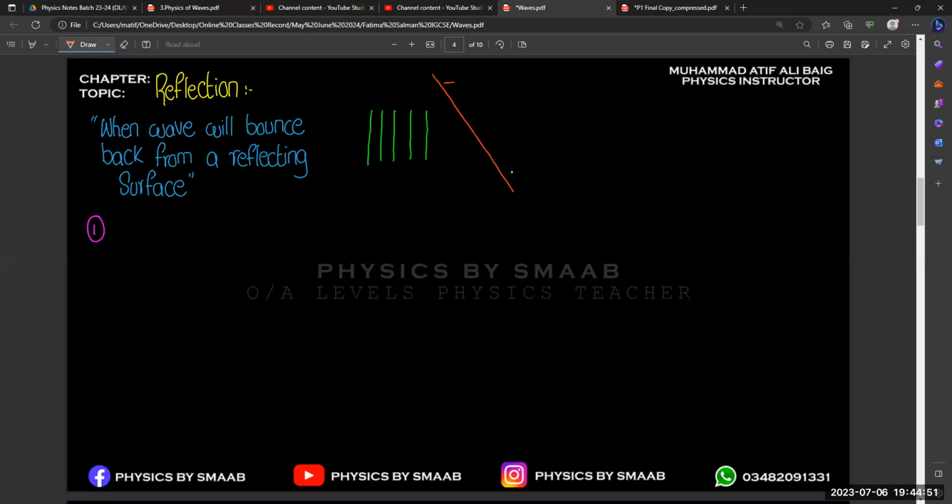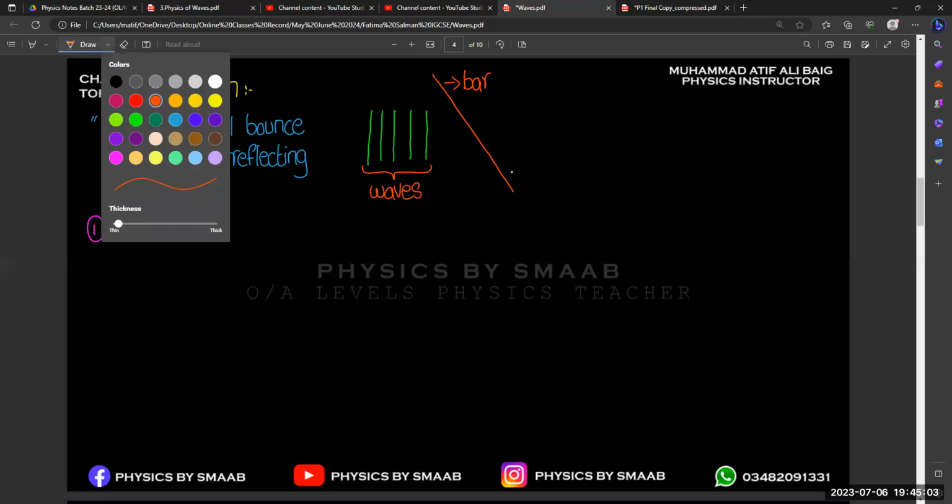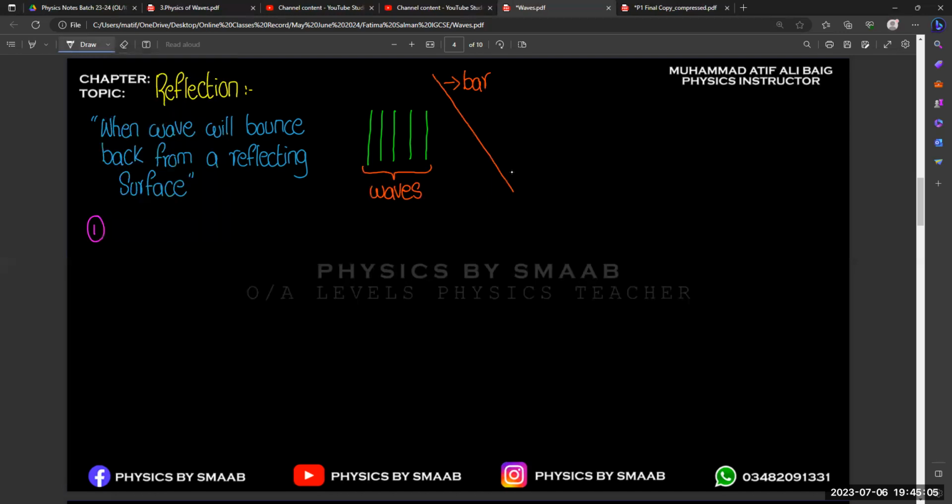This is a reflecting surface. When the waves strike or collide with this barrier, we can easily identify their direction. This is the direction of incidence, and it will reflect back in this direction, right?